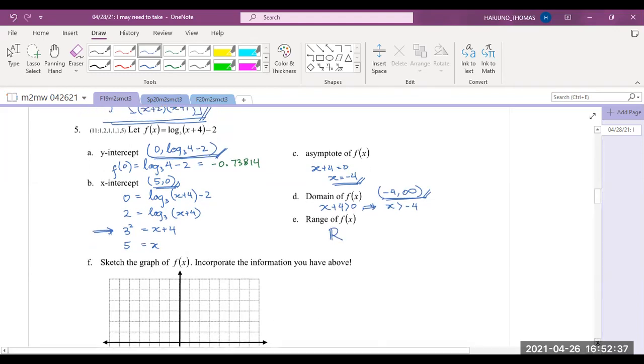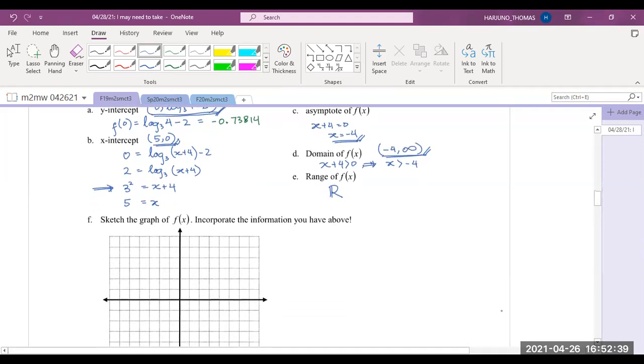Now let's plot this. X-intercept is (5, 0). Let me use red color. Y-intercept is negative 0.7 something, so approximately here. Okay, the vertical asymptote is x equals negative 4.